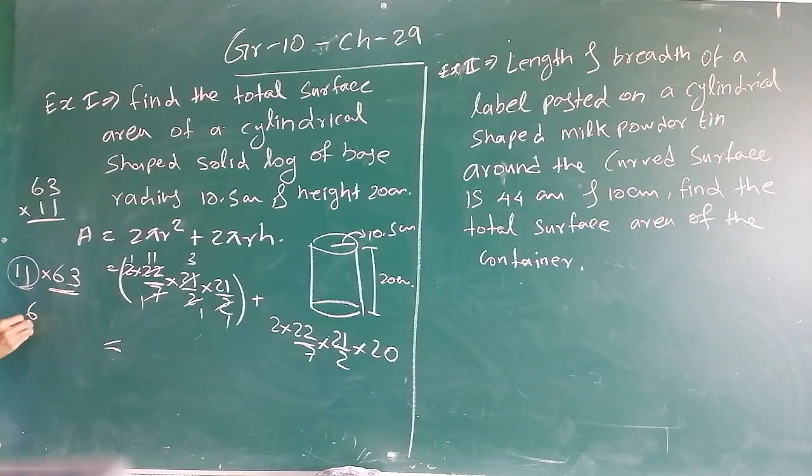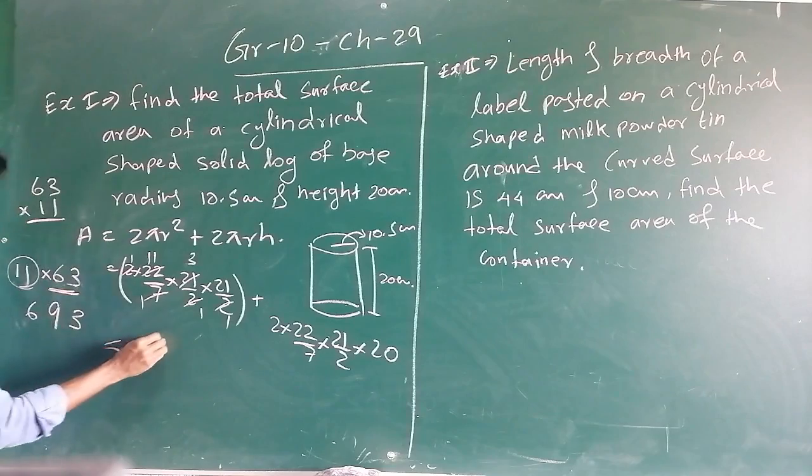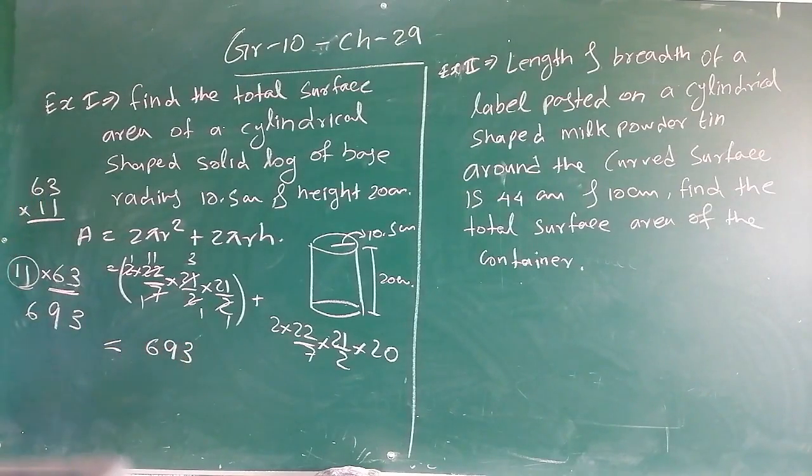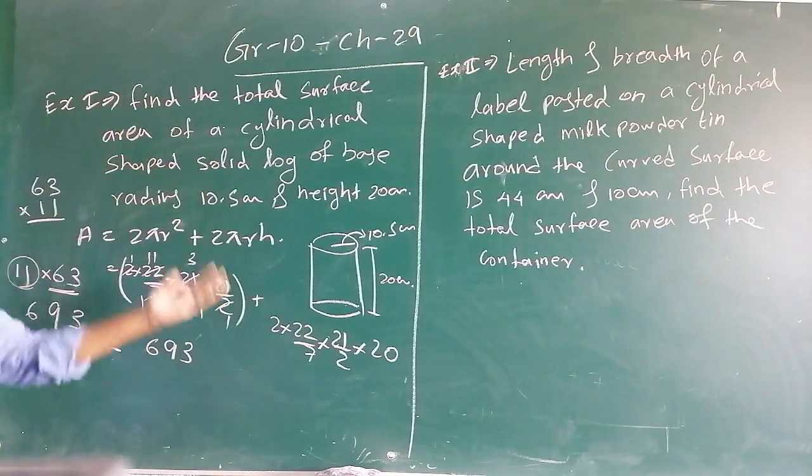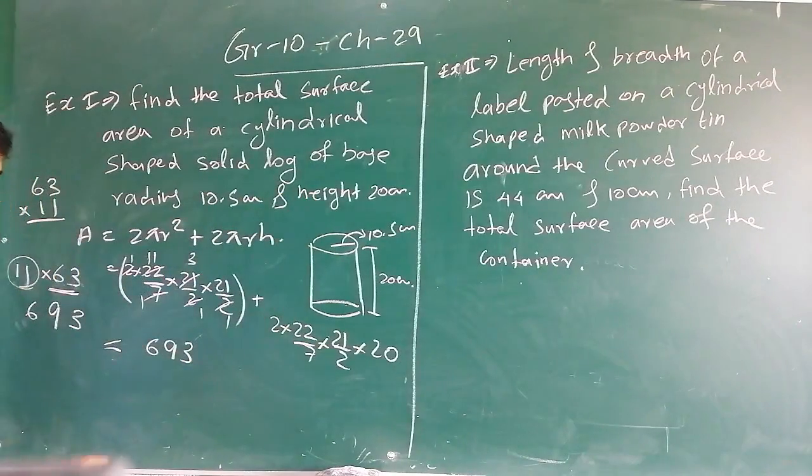Write the first digit and the last digit of the number, and in between add the digits. The first digit is 6, the last digit is 3, and 6 plus 3 is 9. So 63 times 11 is 693. So 693 is the area of the circles on the top and bottom.